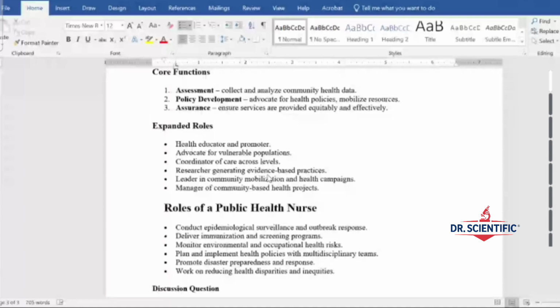And then the other ones come into play, like health education and health promotion. You are advocating for the vulnerable population in that particular vicinity, etc. As much as we have the functions or roles of a community nurse, they go hand in hand with the public health nurse. A public health nurse normally conducts epidemiological surveys in relation to diseases, whereby we talk of epidemics and even pandemics.